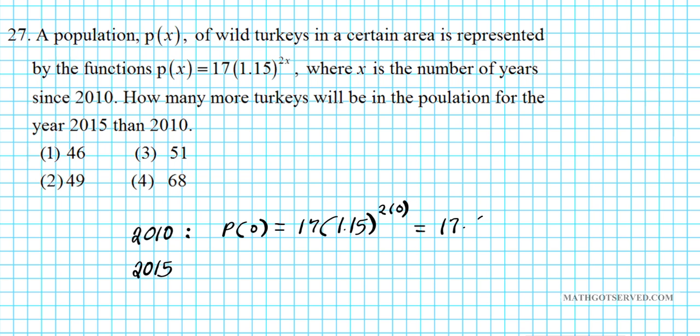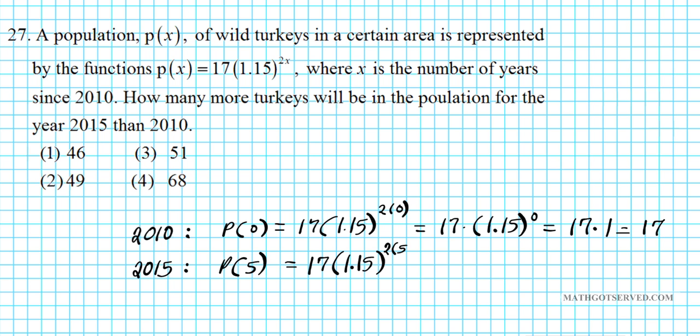17 times 1.15 to the 0th power, which is 17 times 1, which is just 17. Okay. All right. Now, 2015, that's P of 5. All right, P of 5, so that's going to be 17 times 1.15 raised to the 2 times 5.